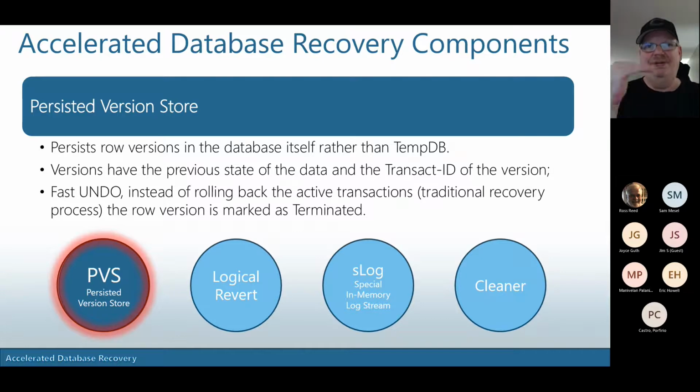So that fast undo process happens because when I recover, I don't have to roll back the transaction anymore. I don't have to read that transaction log sequentially backwards. I don't have to read all the way back to that oldest active transaction. All I have to do is go back to the previous version of that row. And I say, here's the row we had at the point of time of failure. We didn't finish this row.